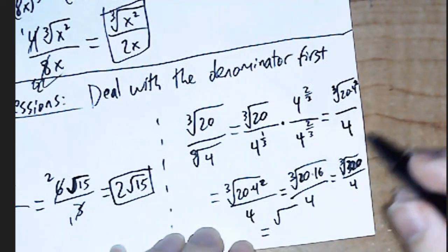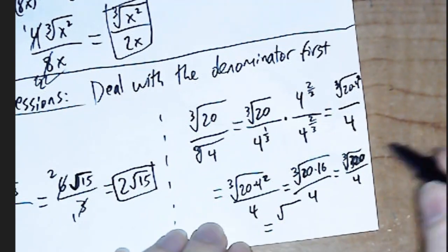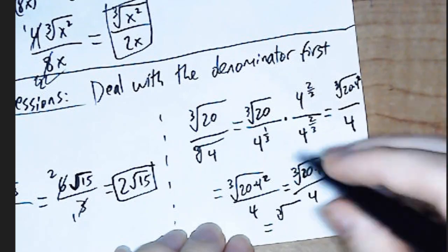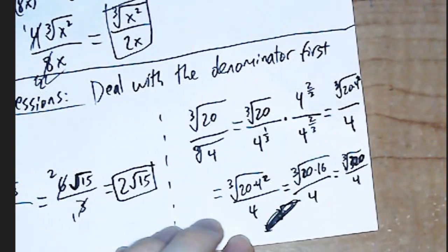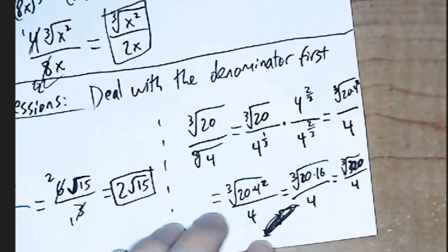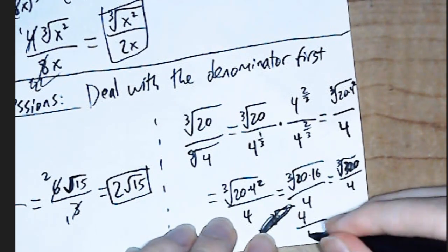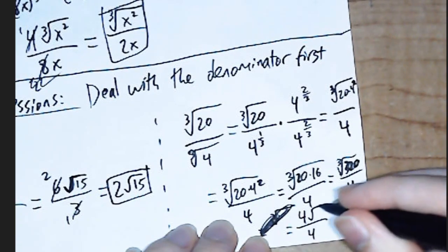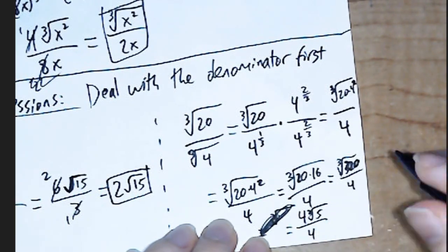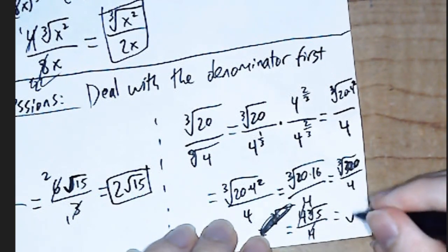So we should have two groups of 2s, right? Two groups of 2s, so that's going to be 4 on the outside, times the cube root of 5, and then these both cancel, so we're left with the cube root of 5.